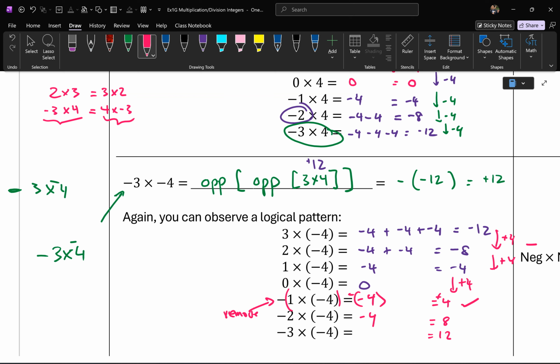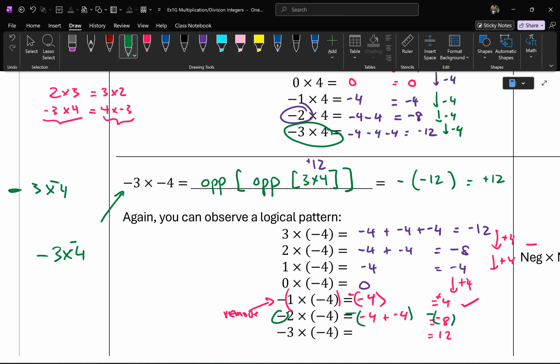This one would be, normally, lose $4 on 1 day of gambling, lose another $4 on the second day of gambling. You should have lost $8 in total. But the fact that I have another negative here, I'm essentially saying, let's remove that debt. Let's remove that $8 that you owe me.